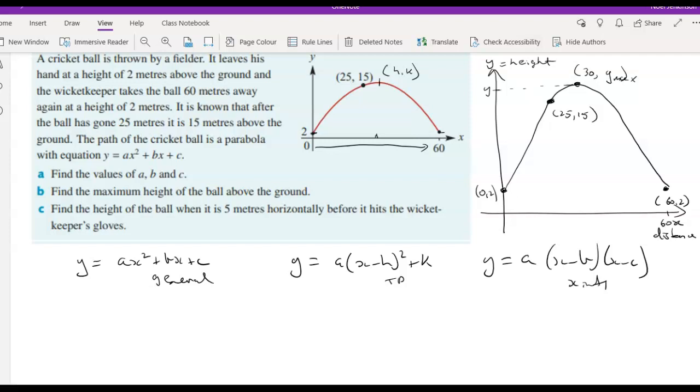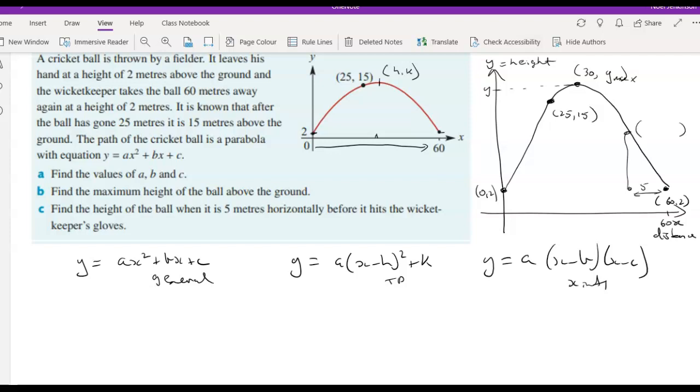The maximum height's there, but we would need to get the equation, sub in x equals 30. Find the height of the ball when it is 5 meters horizontally before it hits the wicketkeeper's gloves, which would be just there somewhere, 5 meters away from the wicketkeeper's gloves. What's that point? That's what that last question's asking us.